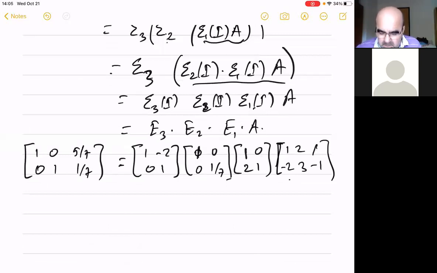You have this matrix A, you multiply by E1, and then multiply by E2, and then multiply by E3, then you get this row reduced echelon matrix. As you may ask once again, why do we find this echelon matrix? We will use it to solve the systems of linear equations as above.